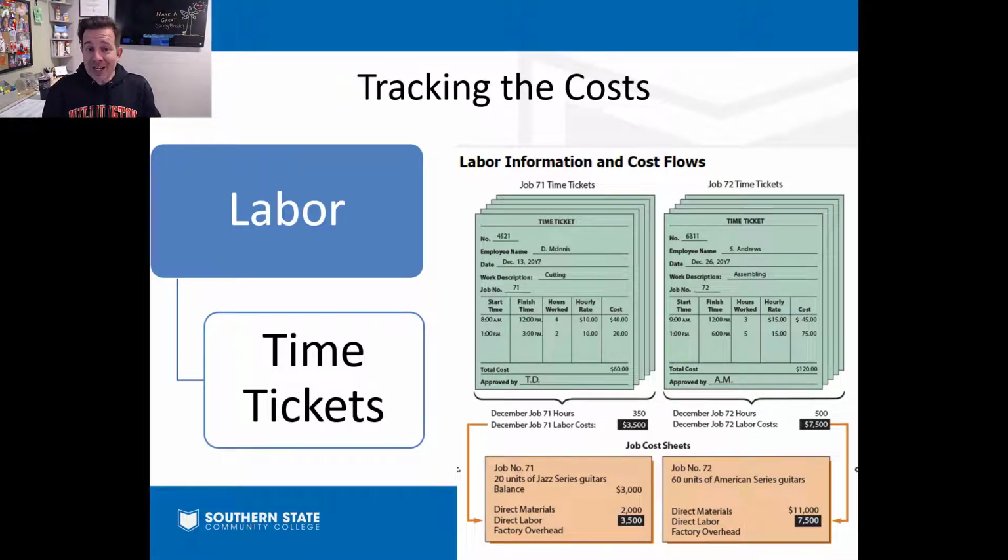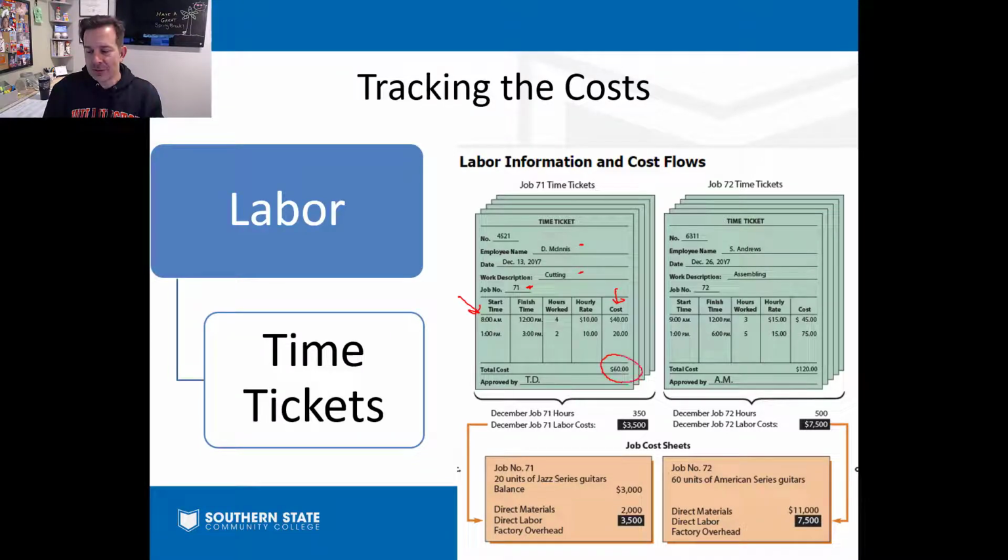Direct labor, that second component of our product cost, usually comes from some kind of time ticket. We punch in, we punch out, we log as an employee on the line what jobs we're working on. And you can see examples of time tickets here. For job 71, here's the employee, here's the work they did, and there's the times and the cost on the labor.